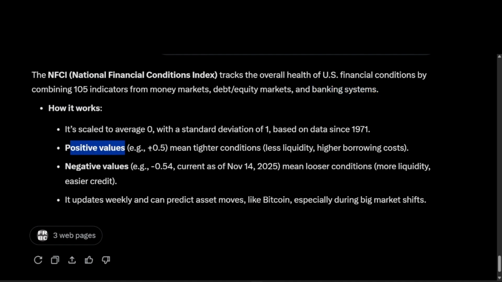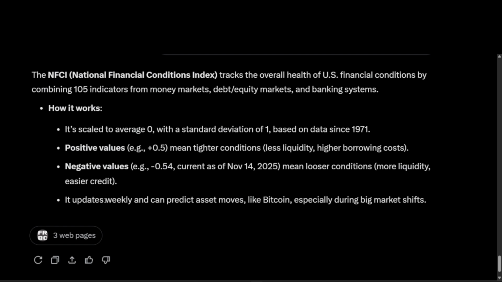Positive values, like plus 0.5, mean tighter conditions, less liquidity, higher borrowing costs. Negative values, and currently, as of today, we're at minus 0.54, mean looser conditions, more liquidity, and easier credit. So that is a good thing.